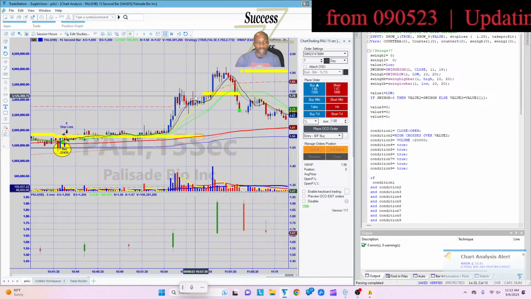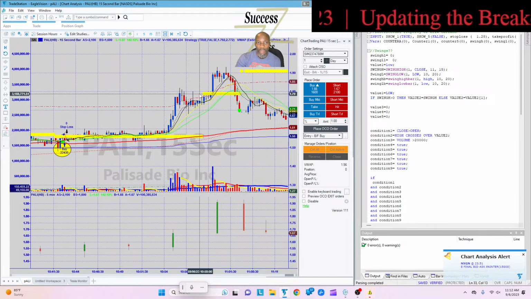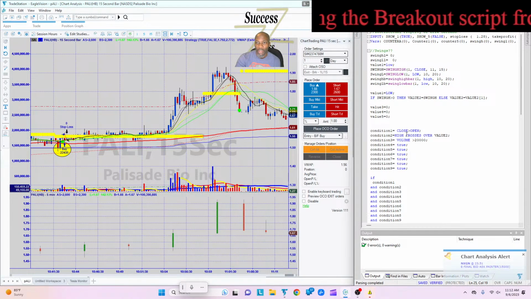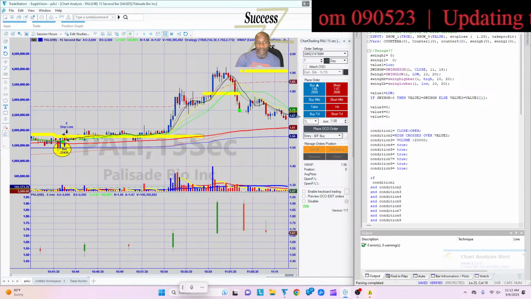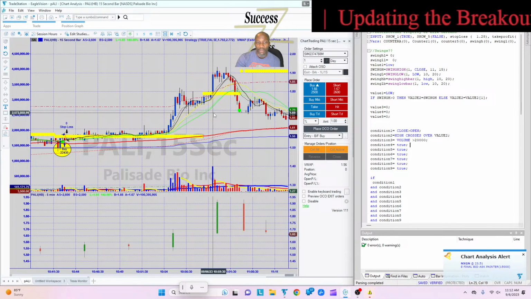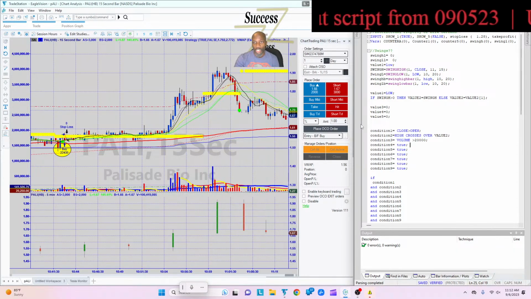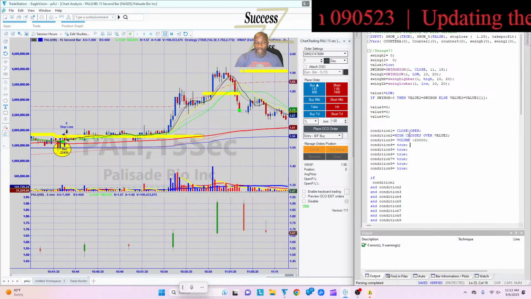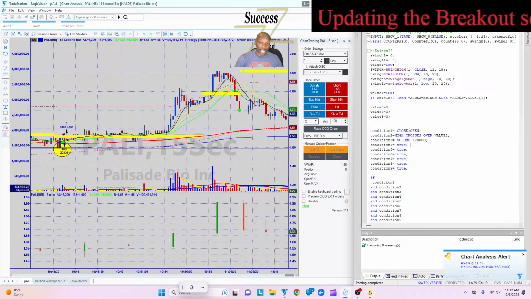I was going to say, because it was optimized, it might have changed the entry, but it shouldn't have changed the entry. So it closes over the open. Oh, it's got to be a bullish candle. We said here that the candle has to be a bearish candle.